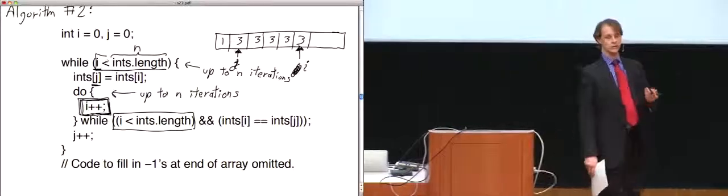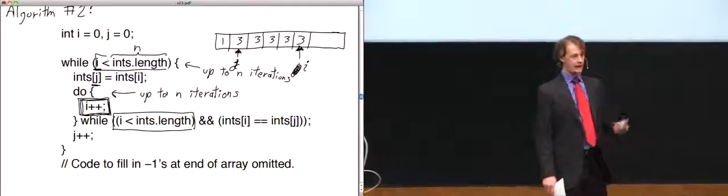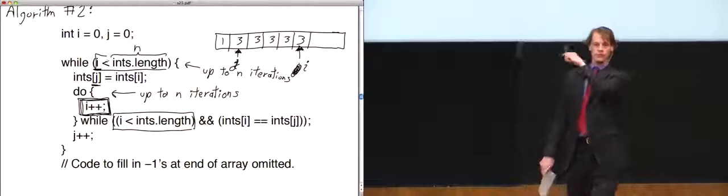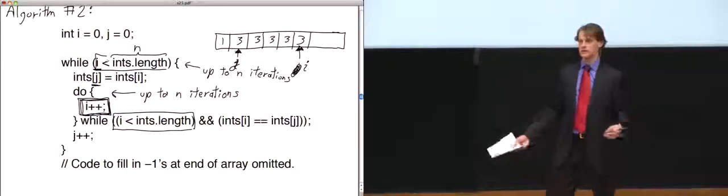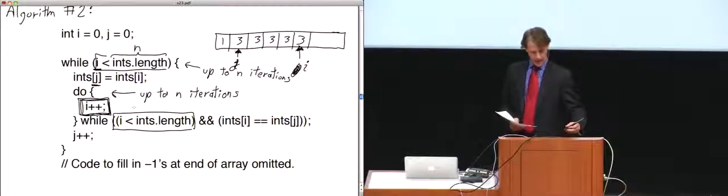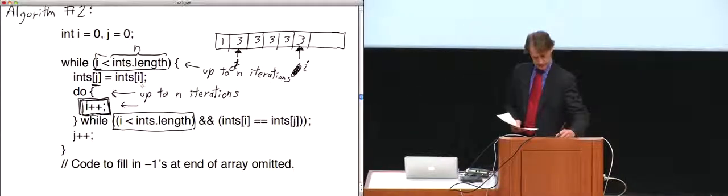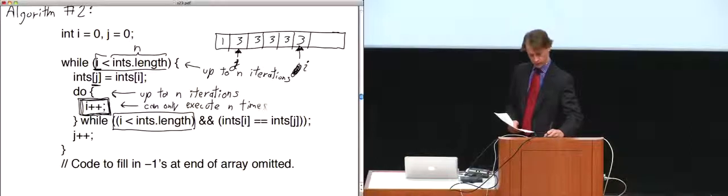So I can only do I++ n times before both those loops are going to stop because their condition for stopping has been achieved. And so that means the reality is that this line in the inner loop can only execute n times before we're done.